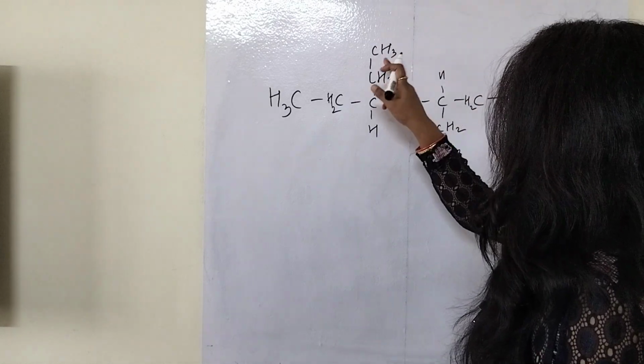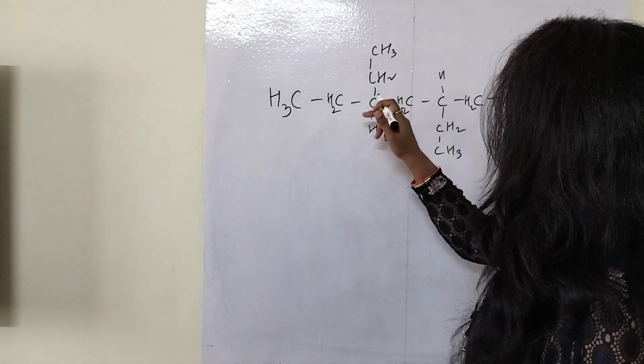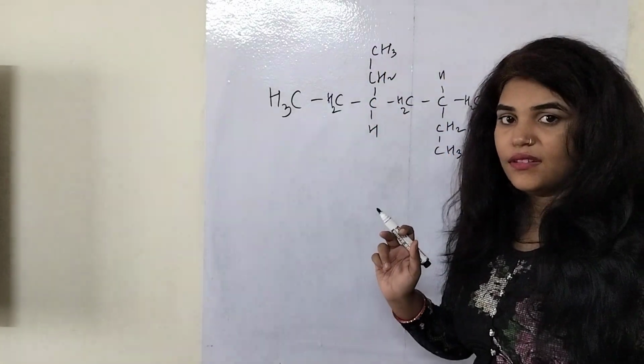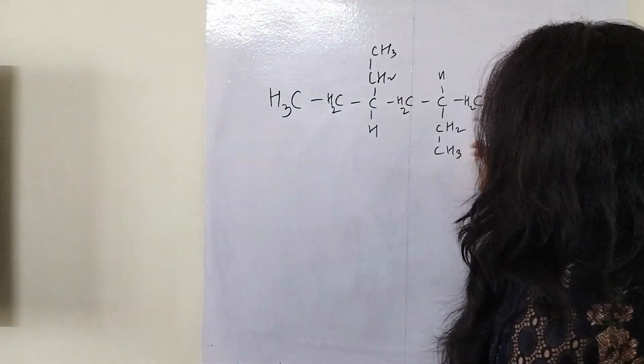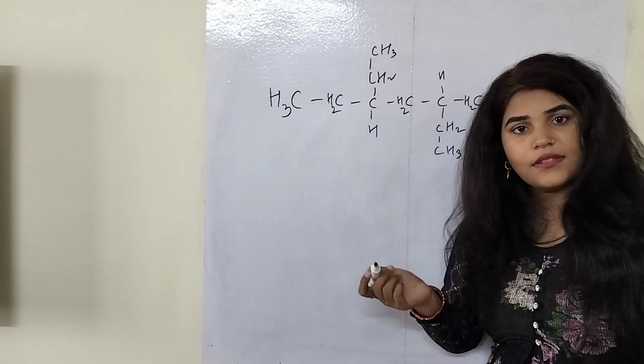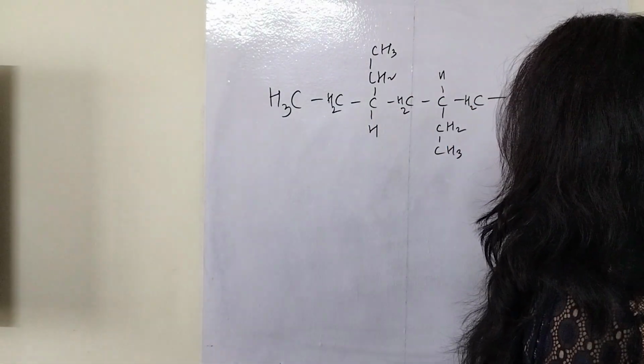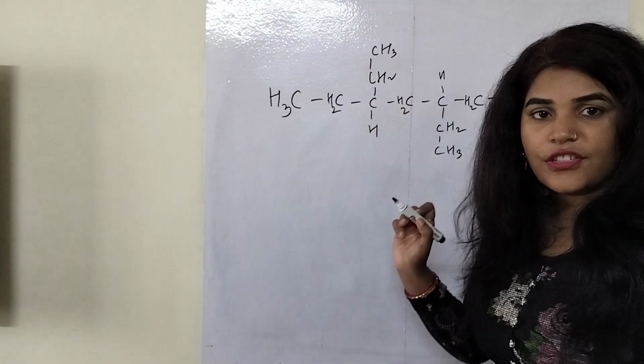Let me see the numbering from here also: 1, 2, 3, 4, 5, 6, 7. This is also correct. And if I do 1, 2, 3, 4, 5, 6, 7, this is also the same. So we will directly take the straight chain carbon.